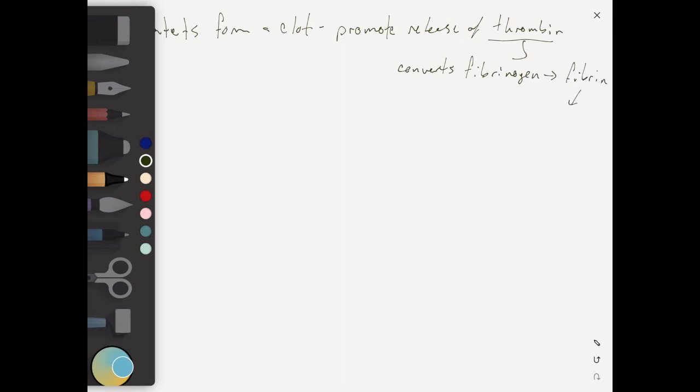And fibrin is a protein that causes a clot in the blood.